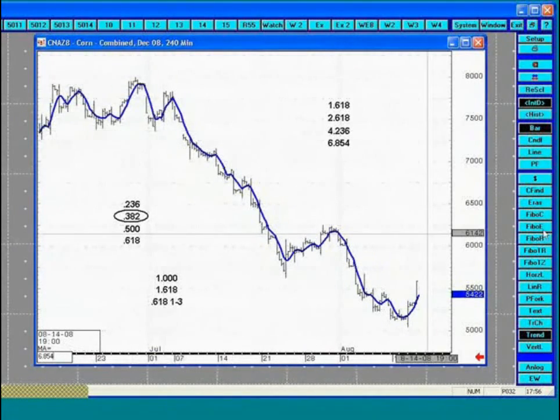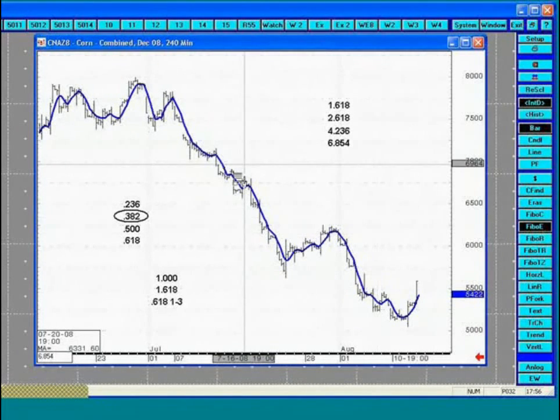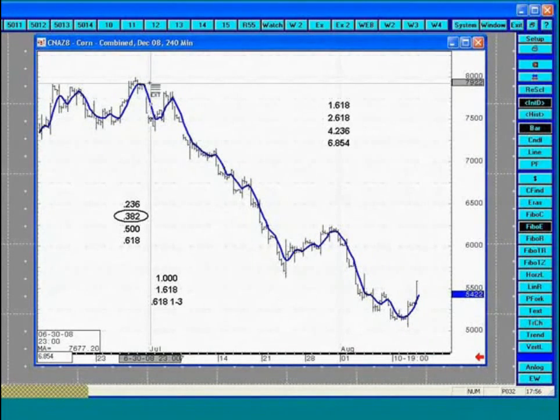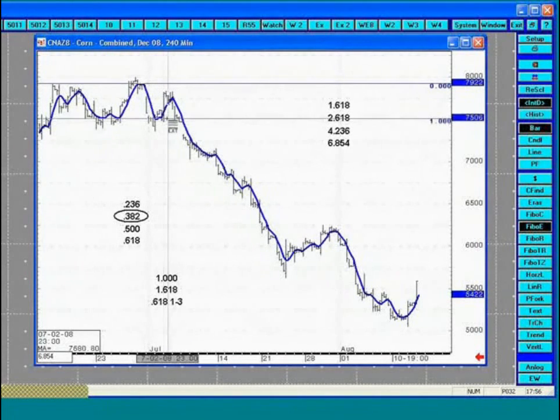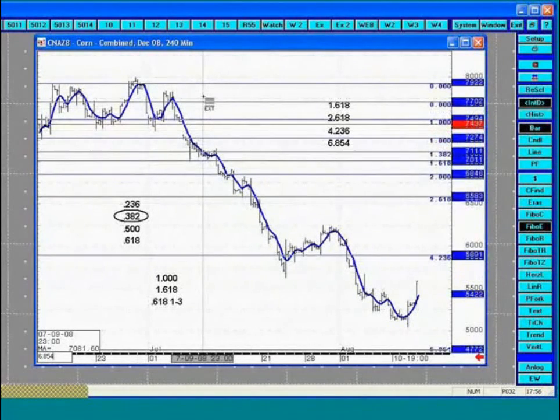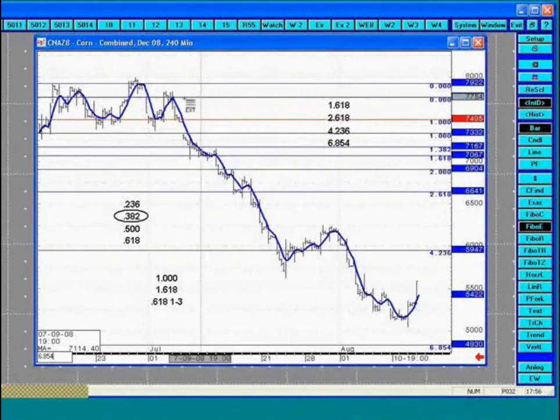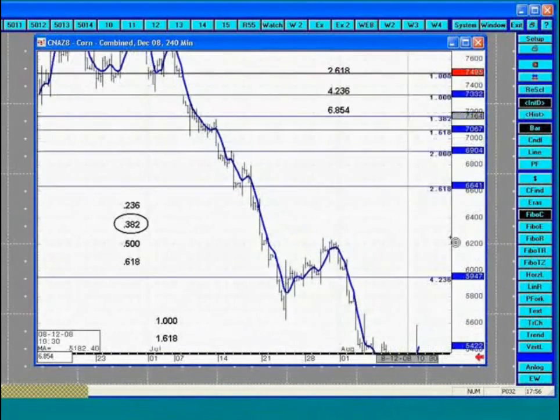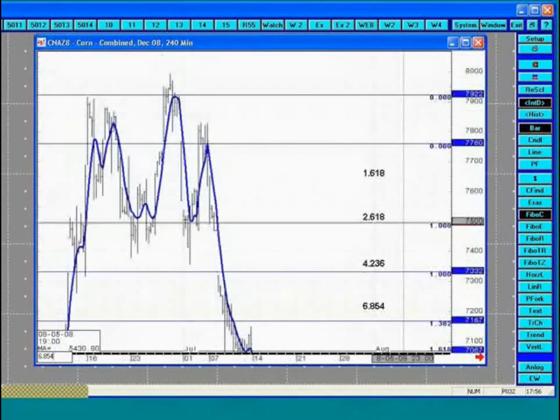Well, let's do that process, but use the moving average, not the actual open, high, low and close. So here's about the extreme of the moving average up here, and then here's the extreme of the moving average to the downside, and then I put the measurement from this extreme. So what I'm actually doing is utilizing the moving average to make my projections.